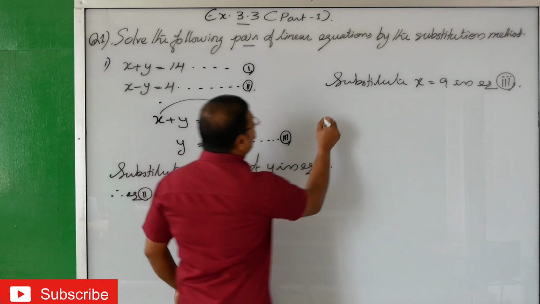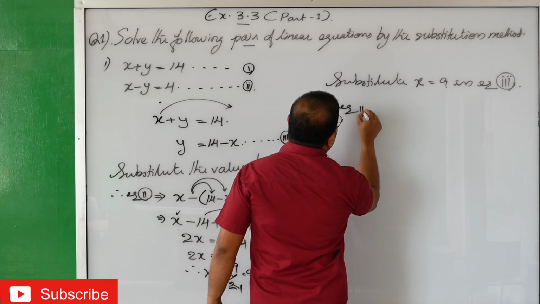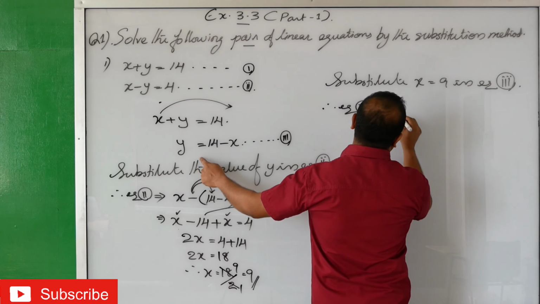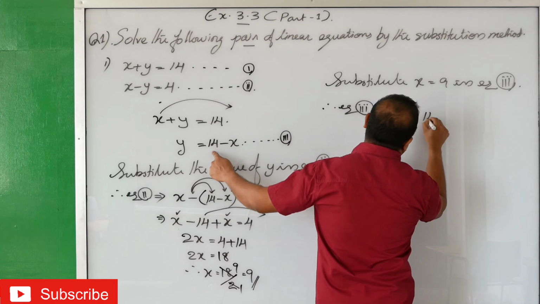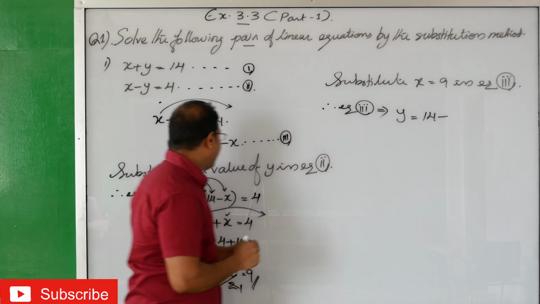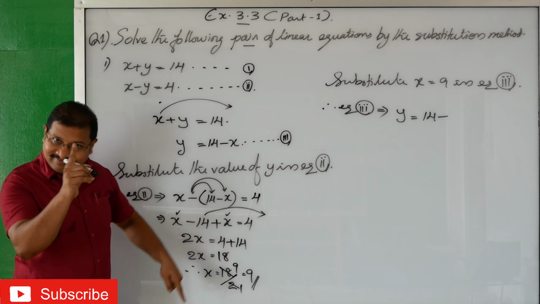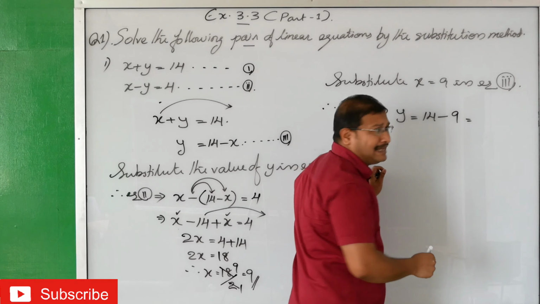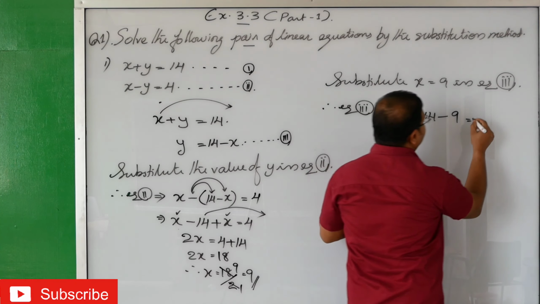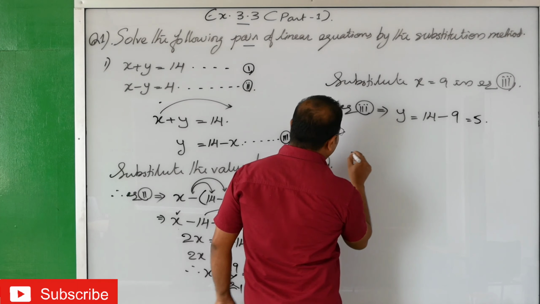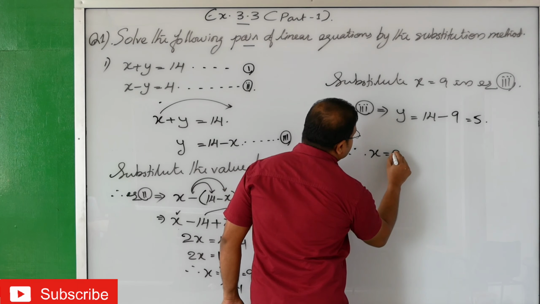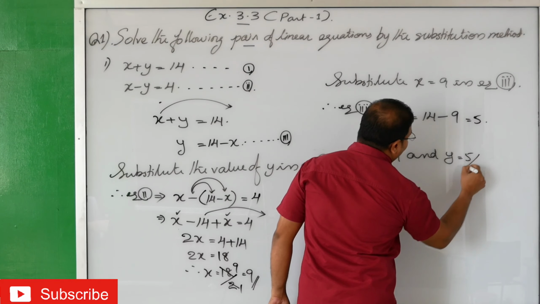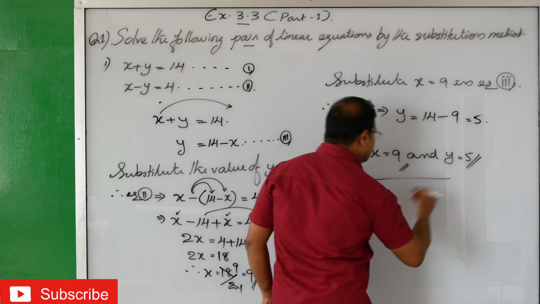Therefore, equation 3 implies y equals 14 minus, in place of x, what will you write now? 9. y equals 14 minus 9. Yes, 5. So we got it now. Therefore, x equals 9 and y equals 5. These are the values. Ready?